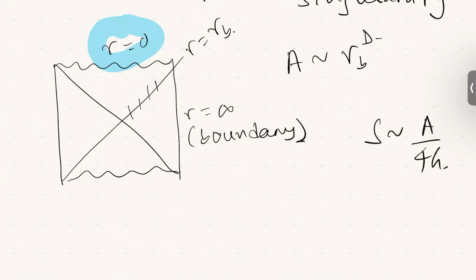Right? So the question is, what are the microstates that are associated with this entropy? Because we know that whenever there's entropy, there should be some microstates that describe the number of possible states. Because what is entropy? You remember how statistical mechanics works? Entropy is how many ways you can distribute the system.